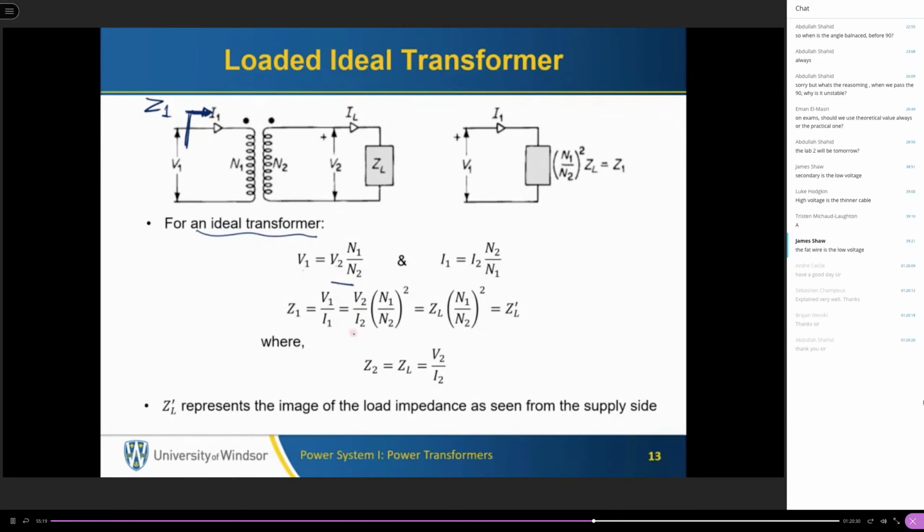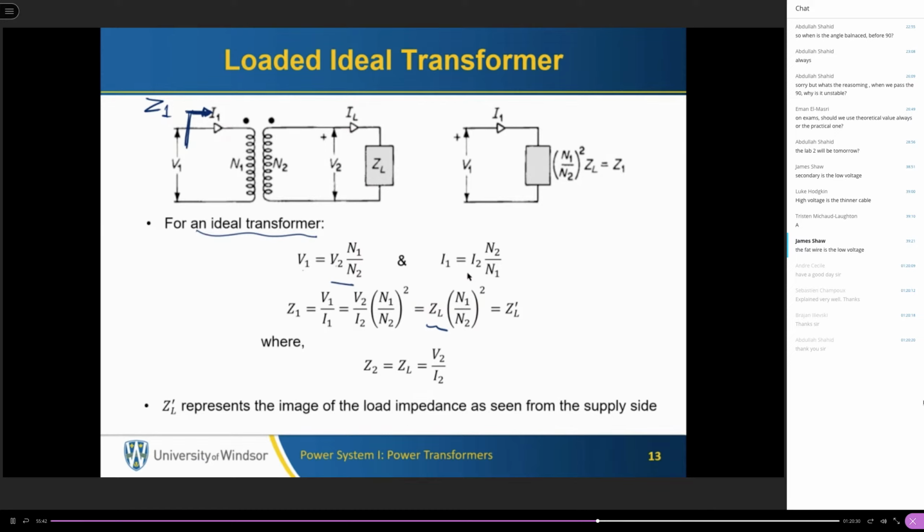We know that V2 over I2, or IL, gives us the impedance of the load. So this is Z load. So the impedance seen from the primary side is equal to the load impedance times the turns ratio squared. This is how we transfer the impedance from the secondary side to the primary side.